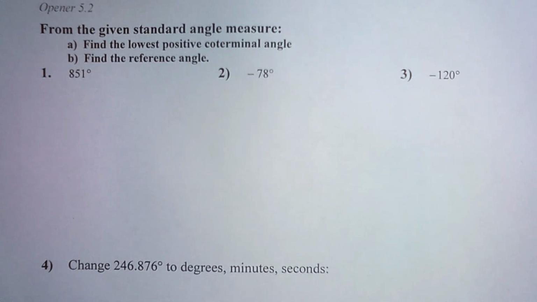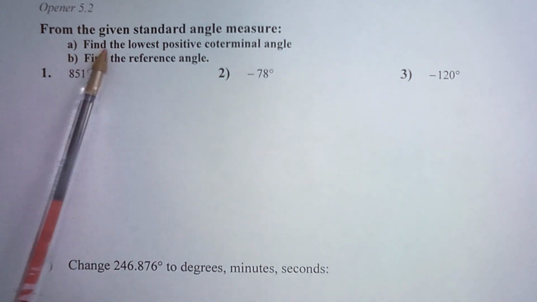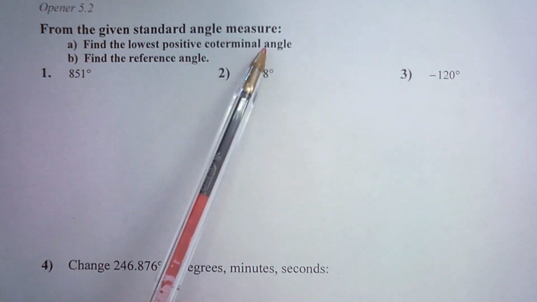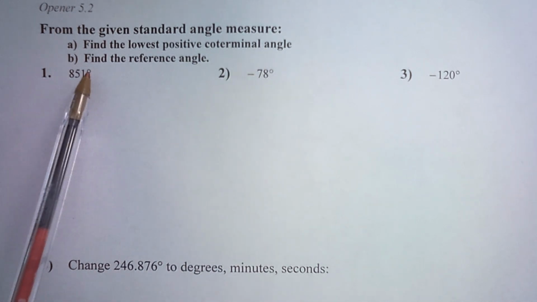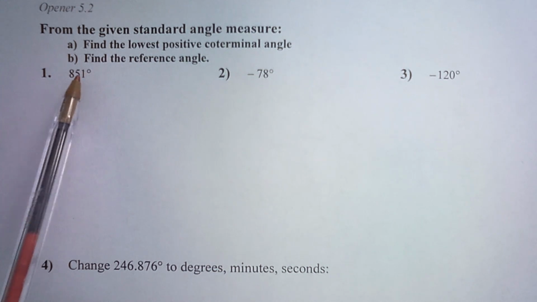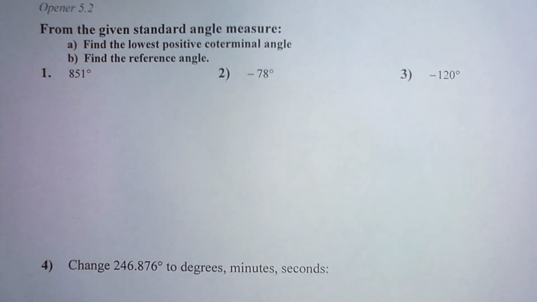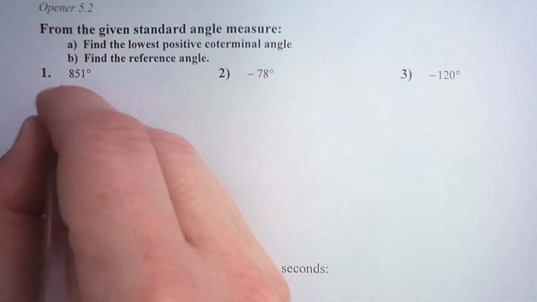We'll finish this lesson with some review of what we did in yesterday's lesson. First, we will find the lowest positive coterminal angle for an 851 degree angle. That means an angle measure between 0 and 360. I can do that by subtracting 360 as many times as I can until I get between 0 and 360, and I think that's going to be 2.